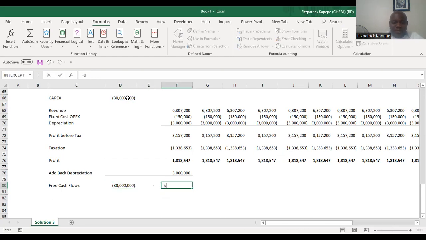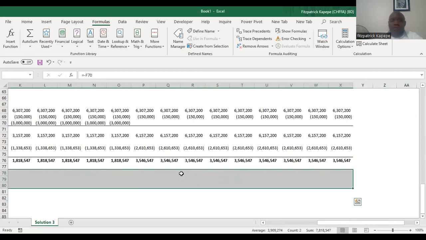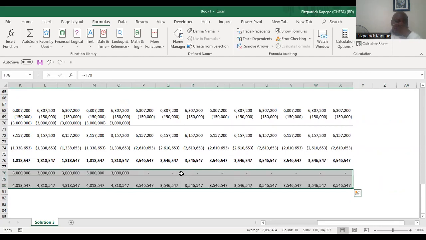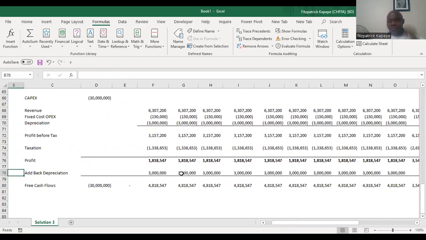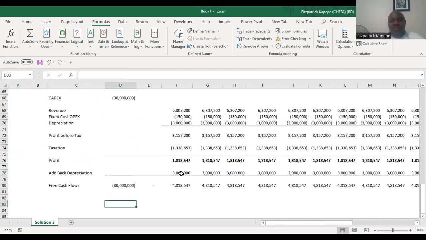And here, sum these two. So now that we have these free cash flows, we can go ahead and compute the internal rate of return and whatever we have been given down there.